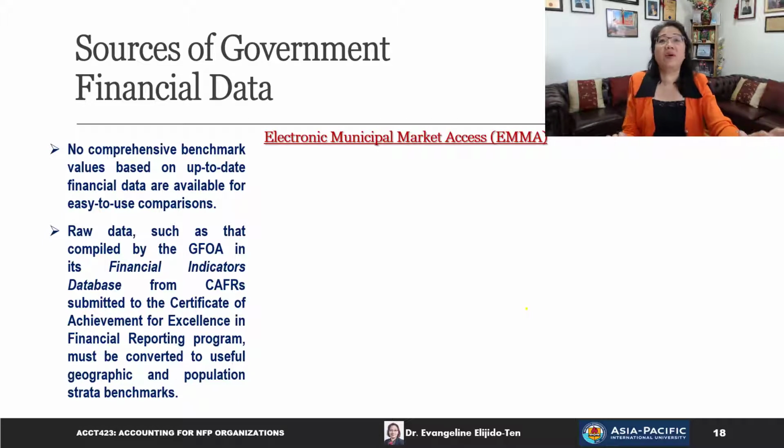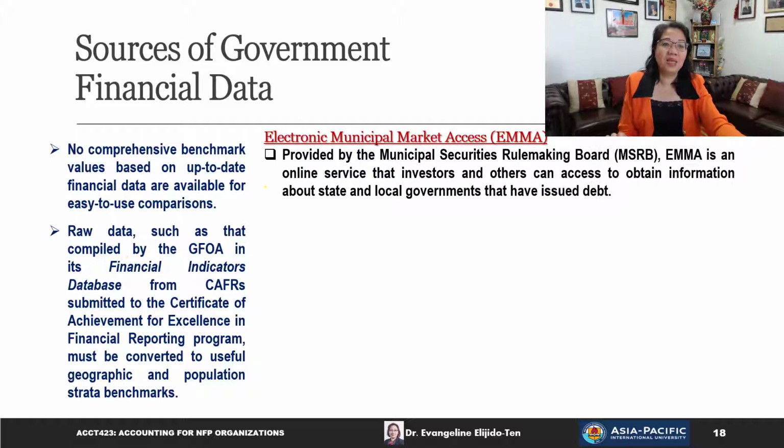There are, however, other sources of information such as the Electronic Municipal Market Access, in short, EMMA. EMMA is provided by the Municipal Securities Rulemaking Board, the MSRB. EMMA is an online service that investors and others can access to obtain information about state and local governments that have issued debt.